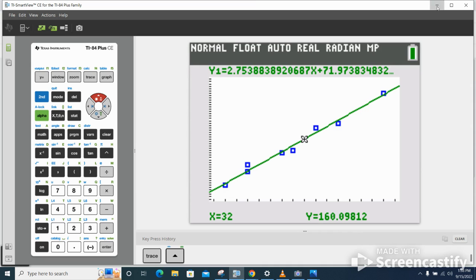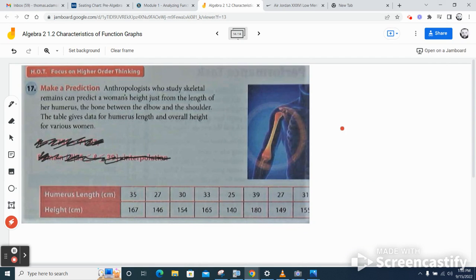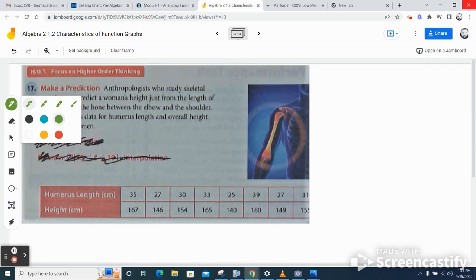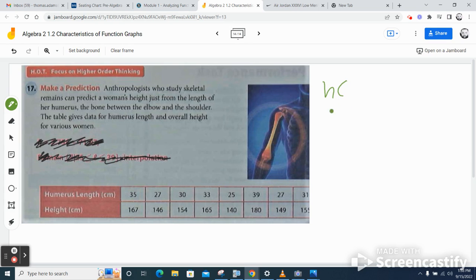If I round that, so let's write down the equation. I'm going to round that. So I'm going to say that the height as a function of the humerus, and we'll say the length of the humerus, right? So we'll call this L, and we'll call this height.